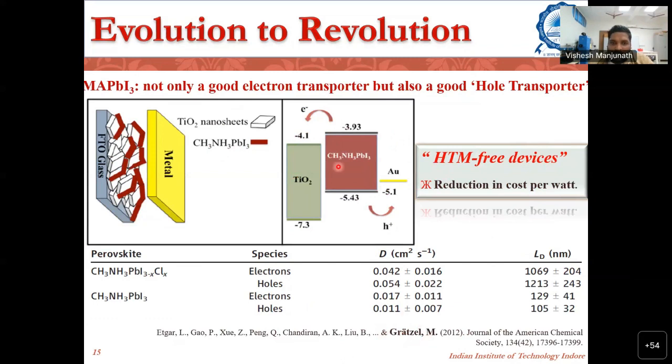This was possible because the diffusion lengths in perovskites is around 1 micrometer for electron and hole, and this almost matches each other. We call it ambipolar transport, where it can transport electrons and holes for around 1 micrometer of distance without recombination. Removing an HTM layer, which is very expensive, can also drastically reduce the cost. These were the outcomes of this paper again in 2012.